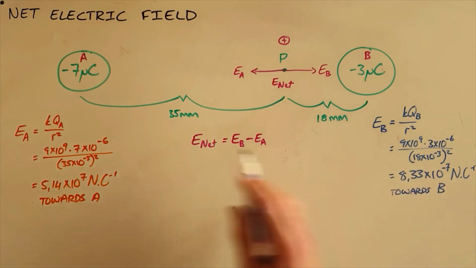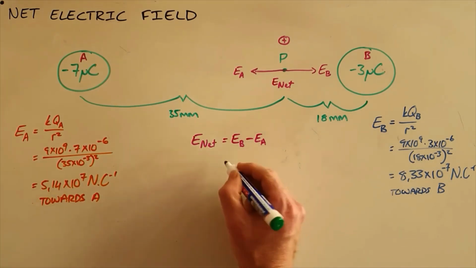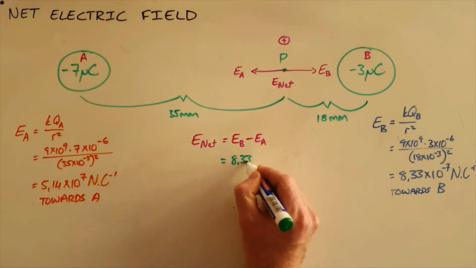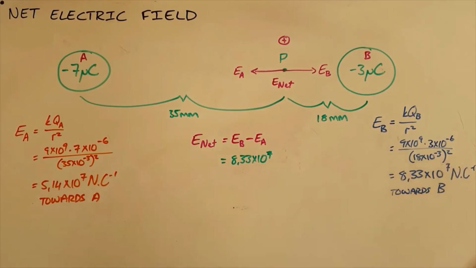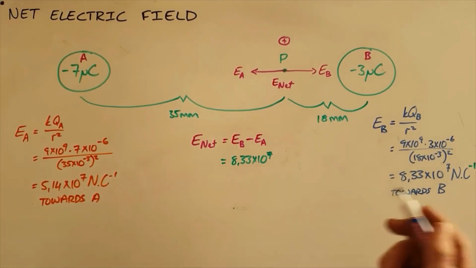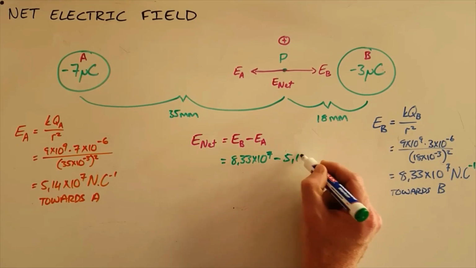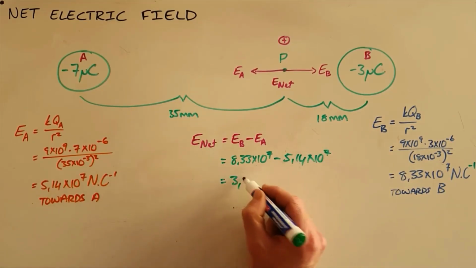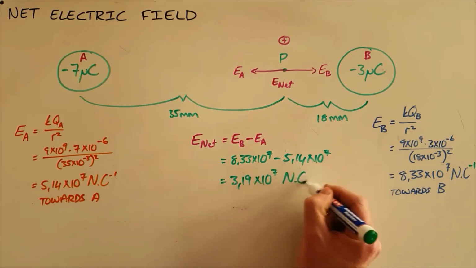So we can now clearly see why we have subtracted these, because the forces are in opposite directions, so the electric fields are in opposite directions, and we can now calculate our net electric field as 8.33 times 10 to the 7 minus 5.14 times 10 to the 7, which gives us a net electric field of 3.19 times 10 to the 7 newtons per coulomb.